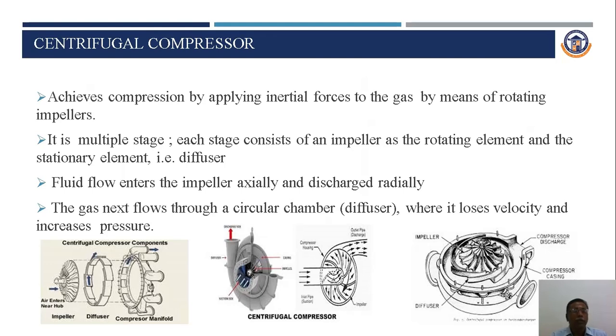The fluid enters the impeller axially and discharges radially. The gas next flows through the circular chamber, the diffuser, which loses its velocity and increases its pressure.